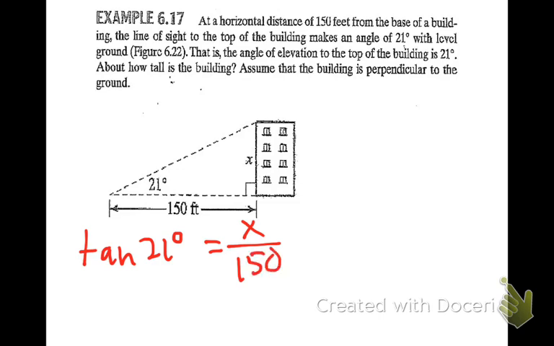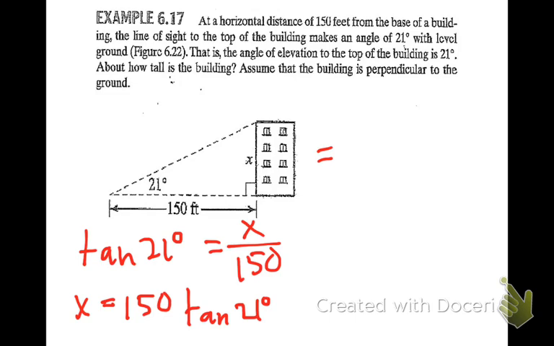Opposite, x is opposite, the adjacent is 150. So then we get x equals 150 tan of 21 degrees, which is equal to what? Calculate what you get.